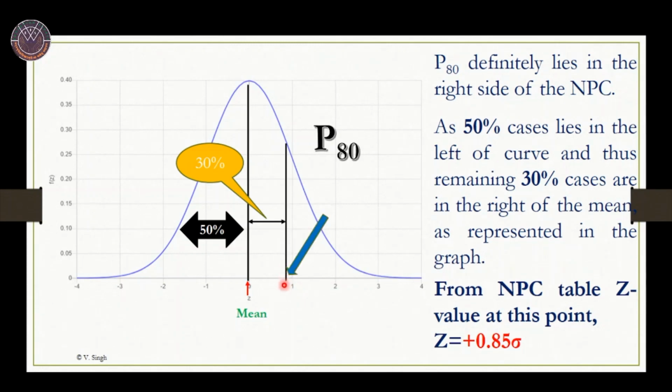The NPC table gives the percentage of cases between the mean and that particular Z score value. You can refer to it, and the Z value which we are getting is 0.85 sigma.